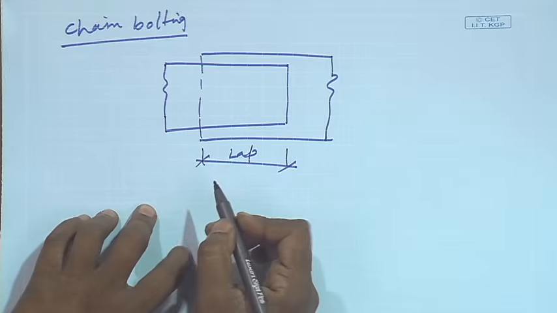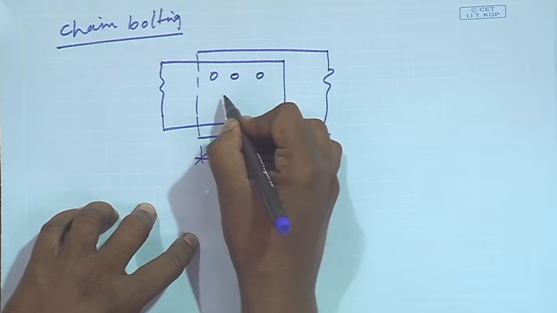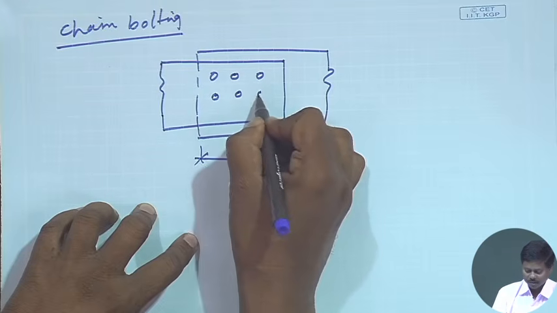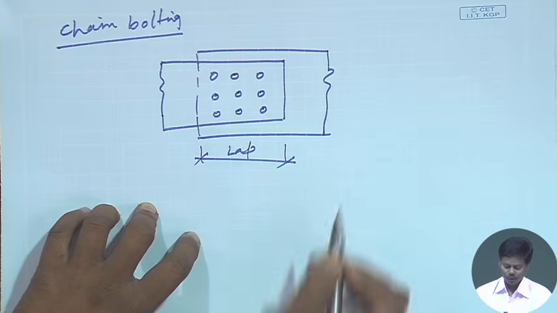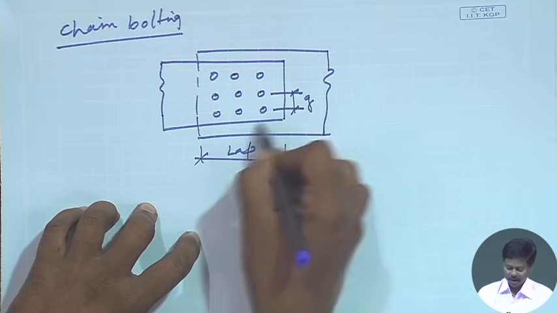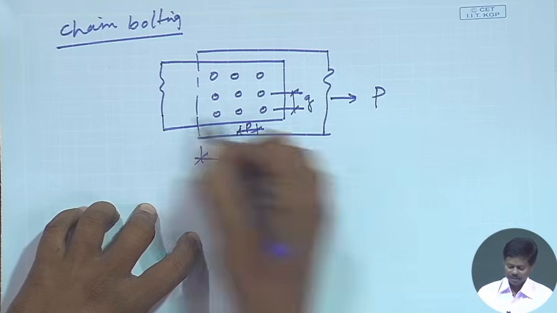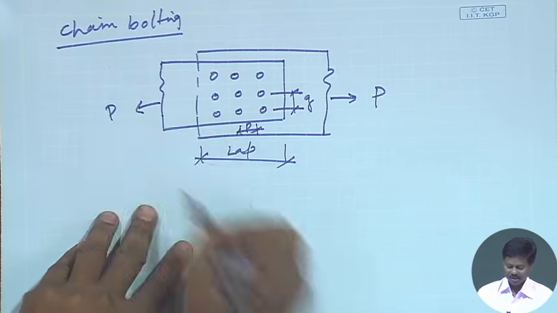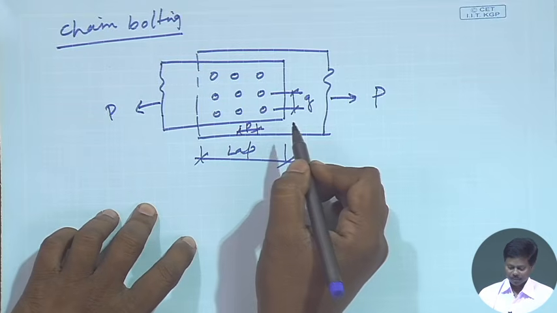Now, in case of chain bolting, the bolts will be in the same line, in the same row and column. This is called gauge and this is called pitch, if force P is acting in this direction. This type of bolting is called chain bolting.